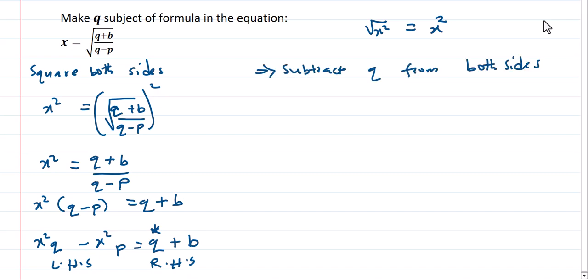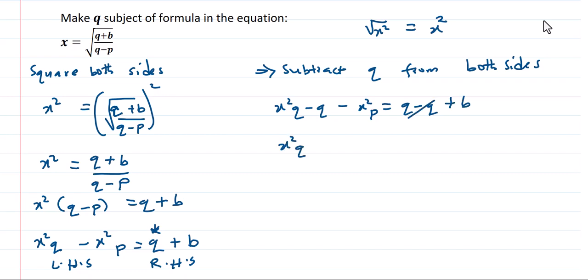Okay, doing that, we have x squared q minus x squared b is equal to q minus q plus b. So this cancels out. We have x squared q minus q minus x squared b is equal to b. Let's get rid of this by adding x squared b to both sides.